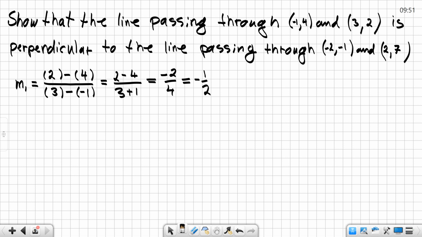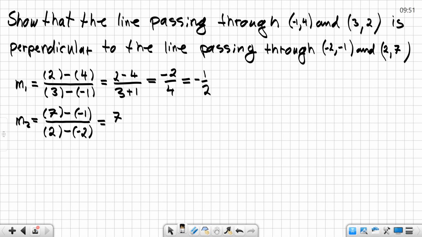Now when I see the -1/2, if the slope m2 is anything else but 2, then these two lines are not perpendicular. So let's have a look. Let's do the same thing. I'm first placing parentheses. Then I plug in my points. 7 minus -1 divided by 2 minus -2.